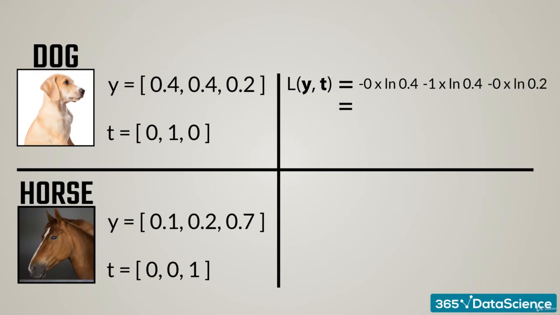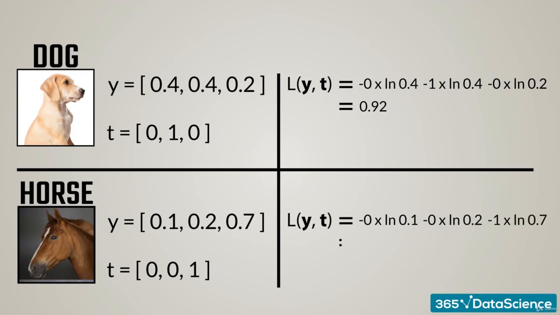This equals approximately 0.92. The cross-entropy loss for the second image is minus 0 times natural log of 0.1, minus 0 times the natural log of 0.2, minus 1 times the natural log of 0.7, which equals approximately 0.36.